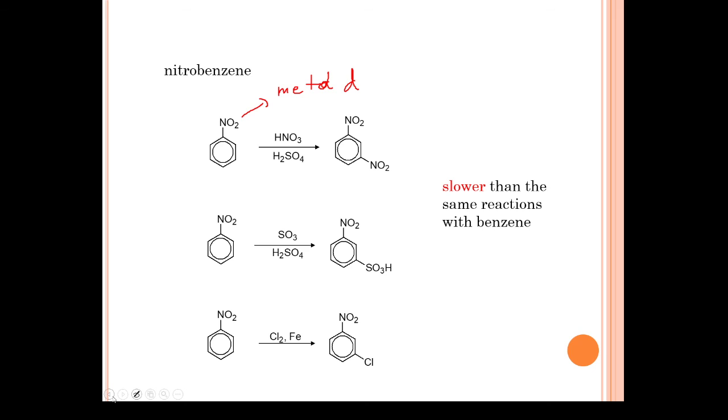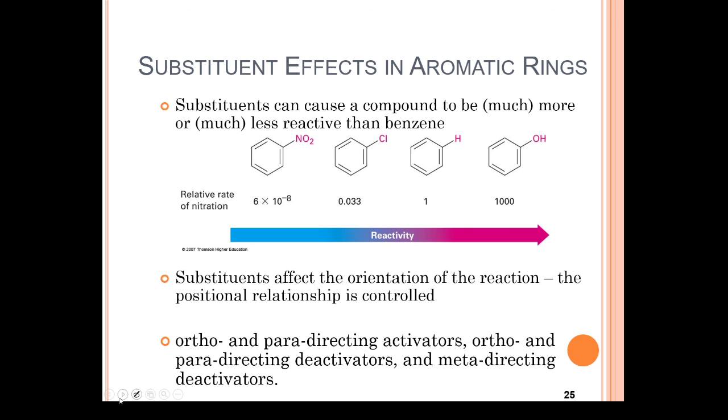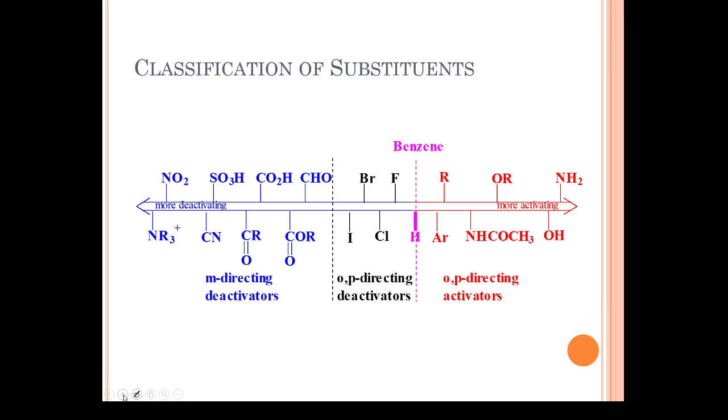So the question is, how can I tell if I'm an activator or deactivator? How can I tell if I'm ortho para or meta? Well, there is a way to tell, and the way to tell is actually looking at the substituent. Let's look at our halogens first. Our halogens are classified as ortho para directors, but they react slower than benzene. Mark that up. Now, let's look at these over here.